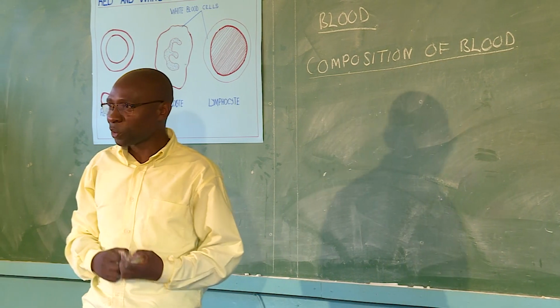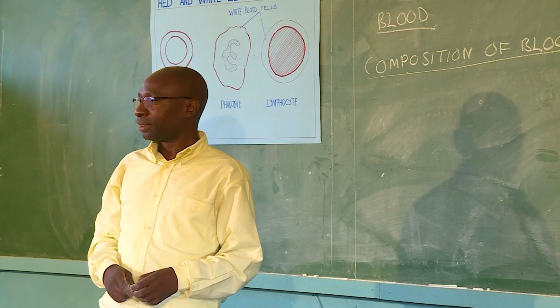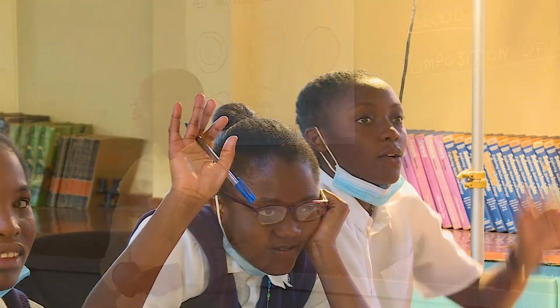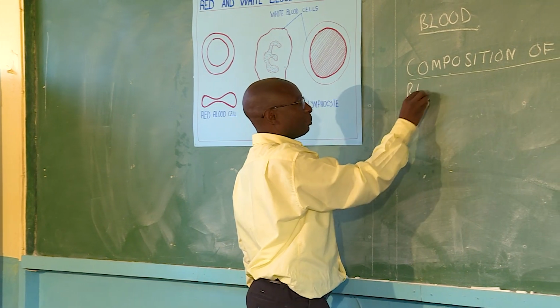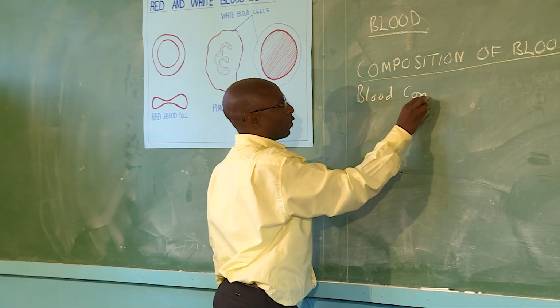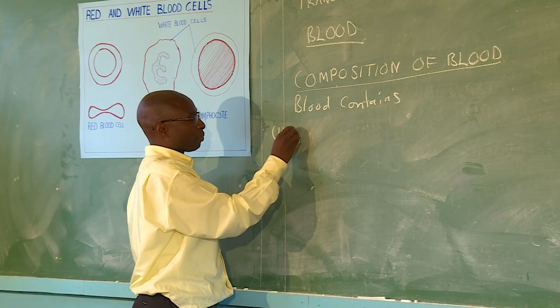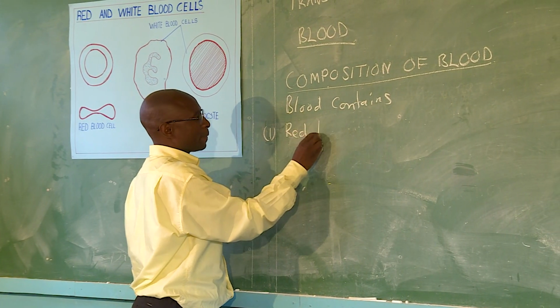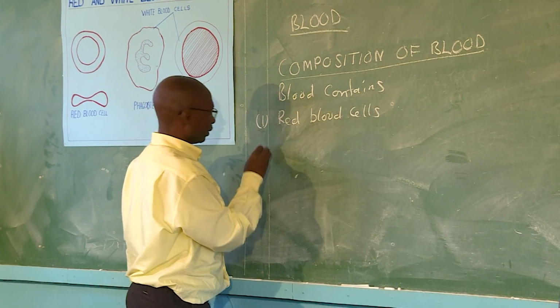Which components are we going to find in blood? Yes, Miss Ozzy? Blood cells. You can say blood contains red blood cells.